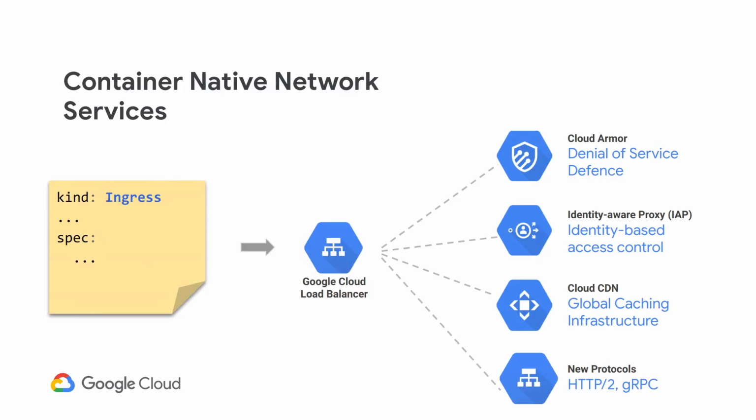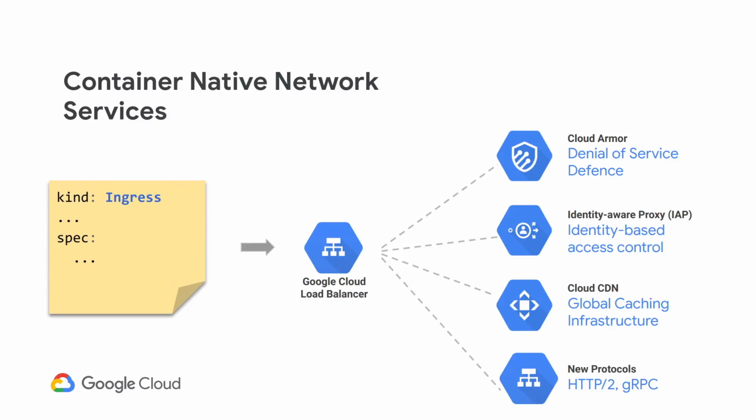Some of the use cases that enterprises typically have are protection against denial of service attacks or other application attacks at L7. You obviously want identity-based access control for your internal applications, and some of the other features that you might want is a global caching infrastructure, so that no matter where your users are, we serve with as little latency as possible for your containerized applications.